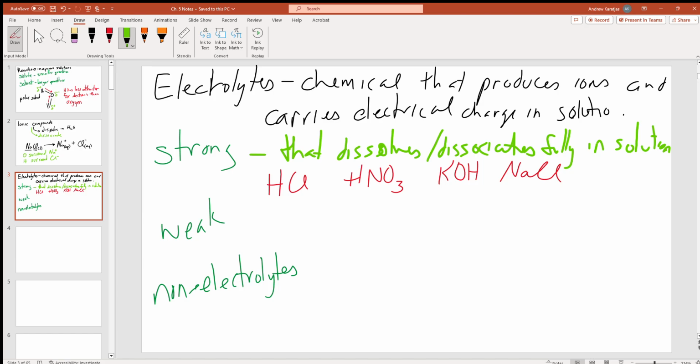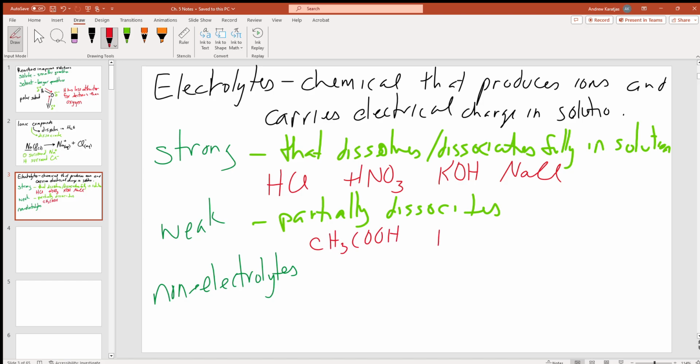A weak electrolyte is a compound that partially dissociates. And this can include things such as acetic acid, hydrofluoric acid, or ammonia.